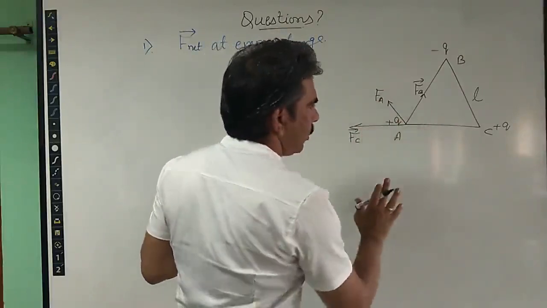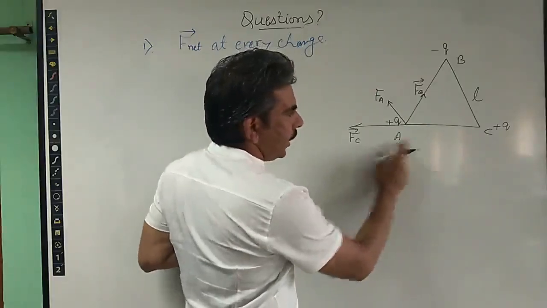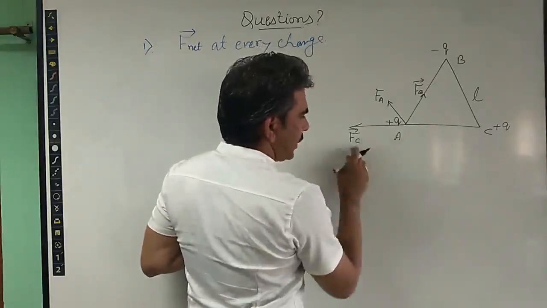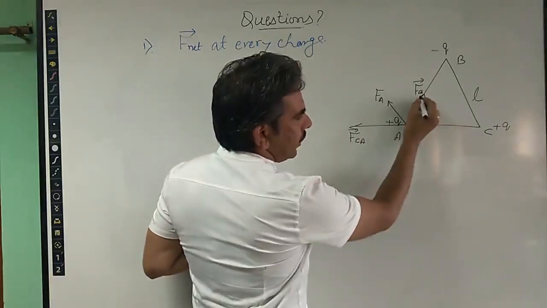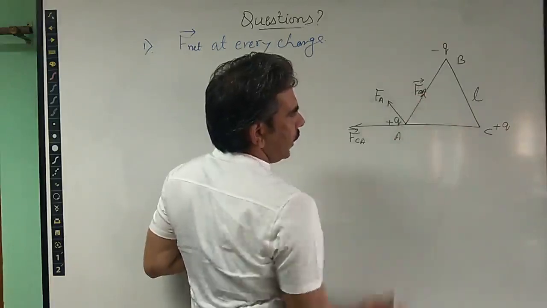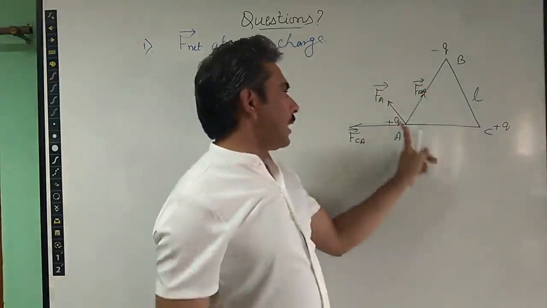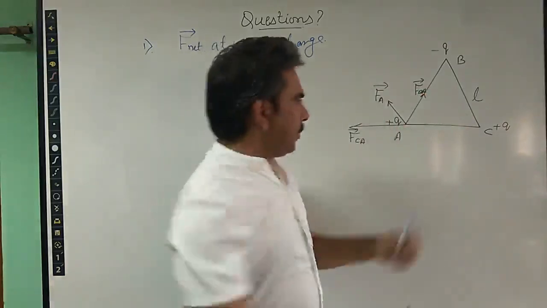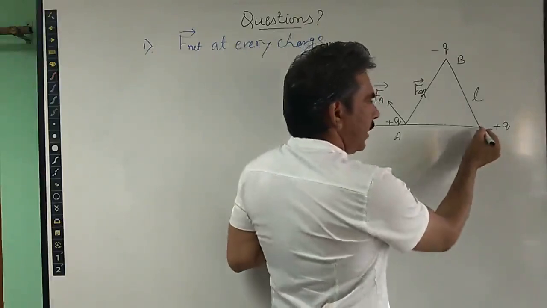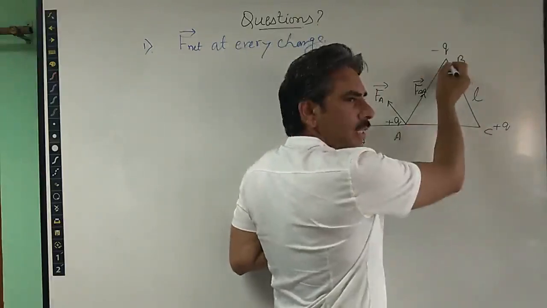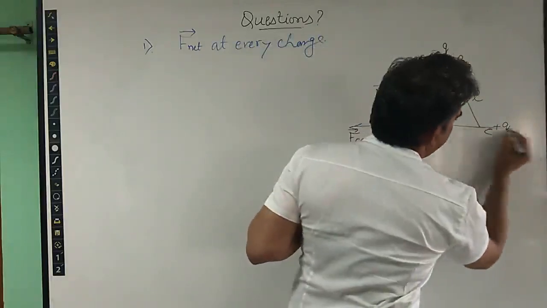For more convenient notation, I am giving the force exerted at A by the charge at C as FCA, the force exerted by charge C at A, and the force exerted by charge B on A, FBA. So the net force we can represent by FA, the net force at A. Similarly, the net force at C you can calculate by summing up the forces exerted by the charges at A and B. By the charge at A, the force will be repulsive.